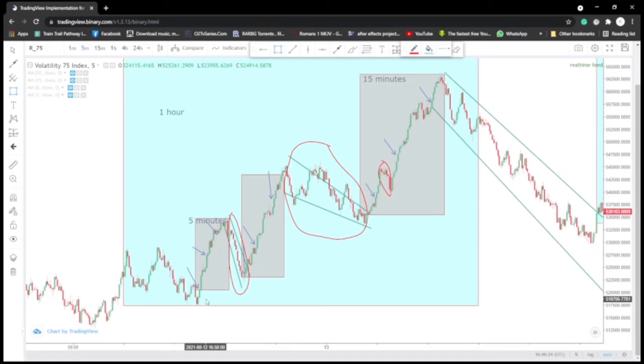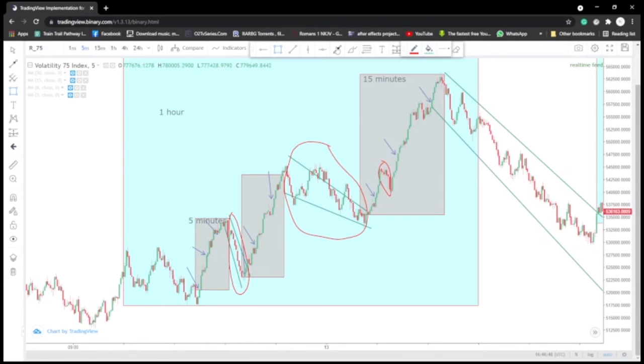In other words, the demand or the supply will create a way for an order block. Does it make sense to you, guys? The demand and supply will create a way for an order block.